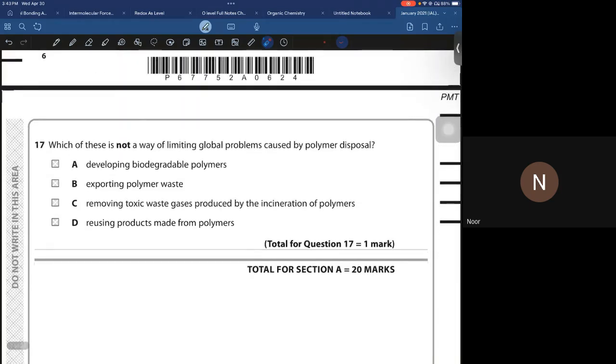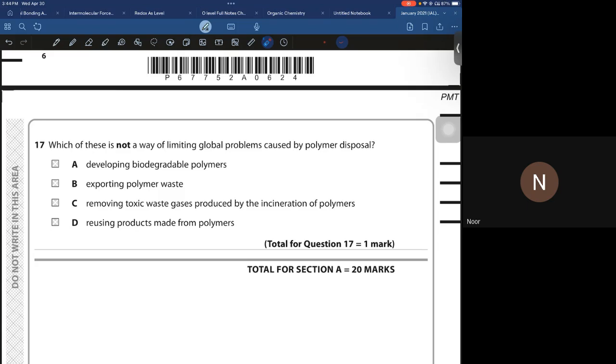Which of these is not a way of limiting global problems caused by polymer disposal? Some polymers are biodegradable. Some polymers are not biodegradable. Condensation polymers are biodegradable, but addition polymers are not biodegradable.